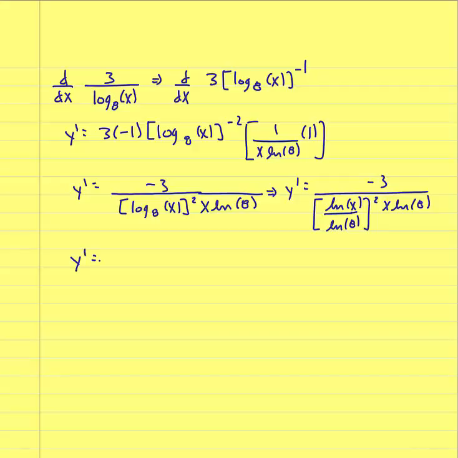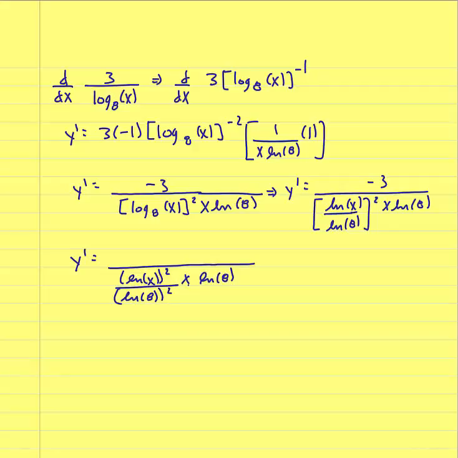Rewriting, I have the natural log of x. Whoops, that's going to go into the denominator. I have the natural log of x squared, natural log of 8 quantity squared times x natural log of 8.